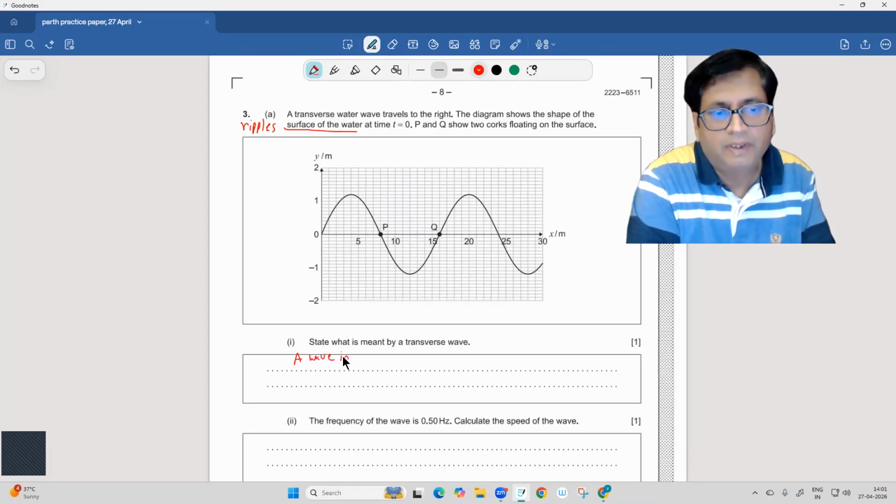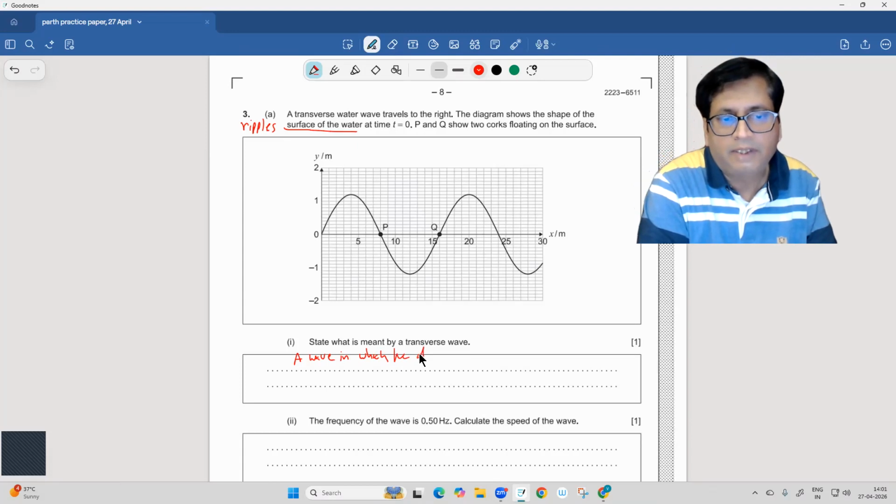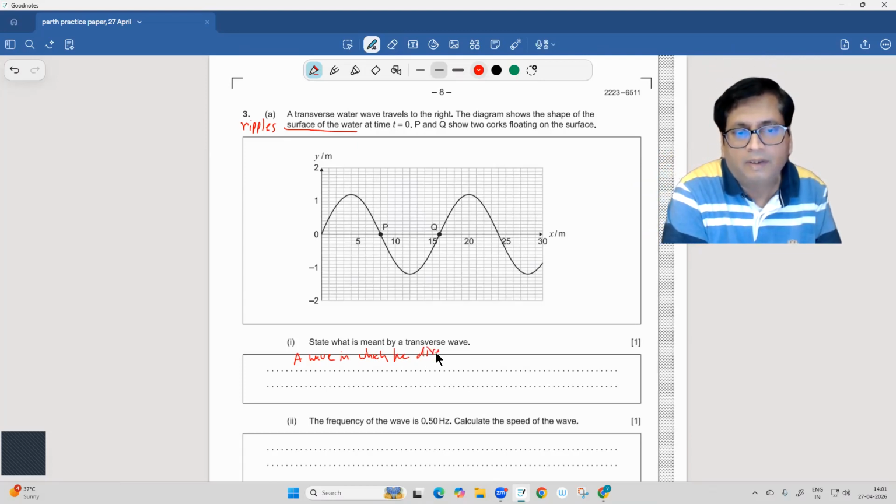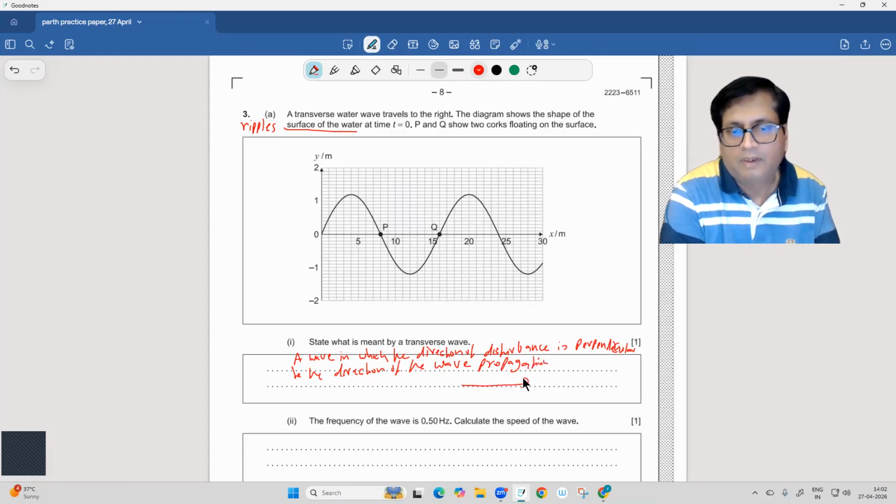A wave in which the direction of disturbance is perpendicular to the direction of wave propagation.